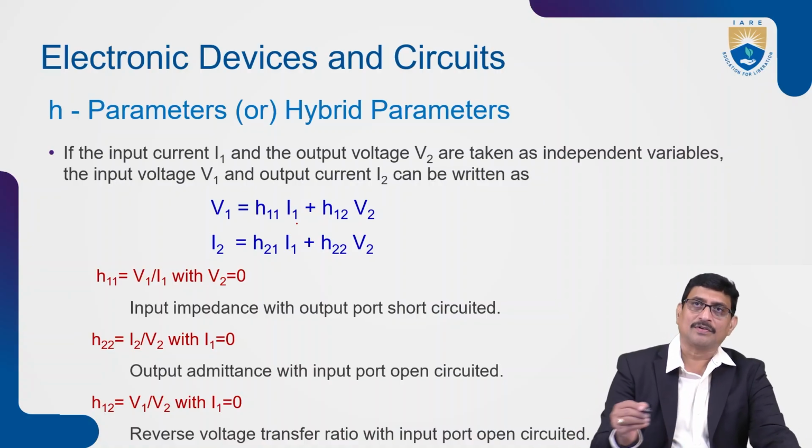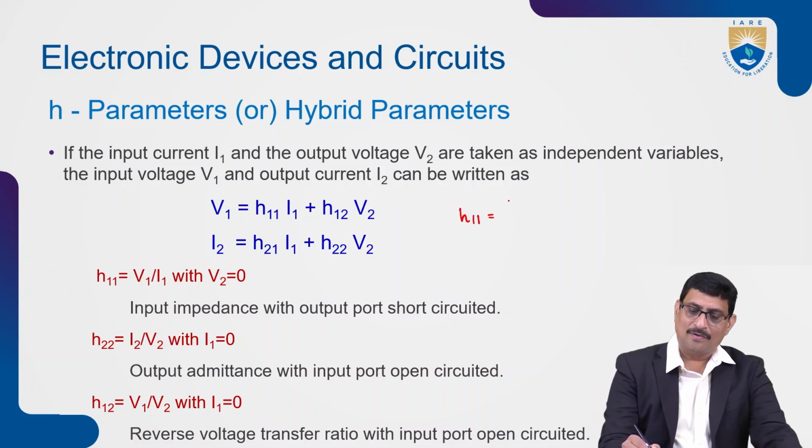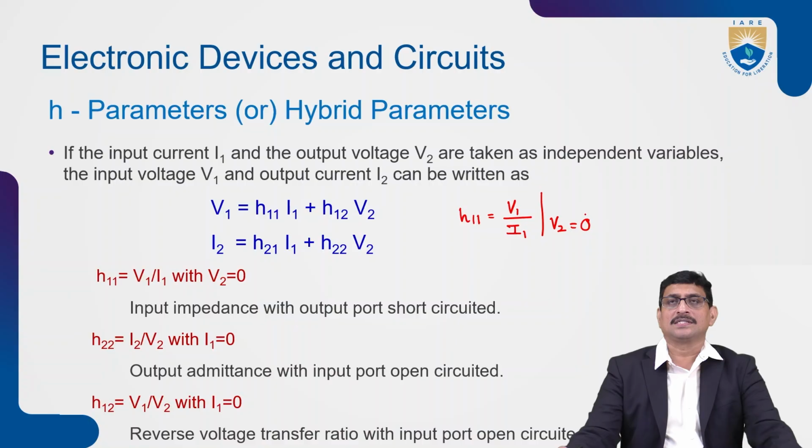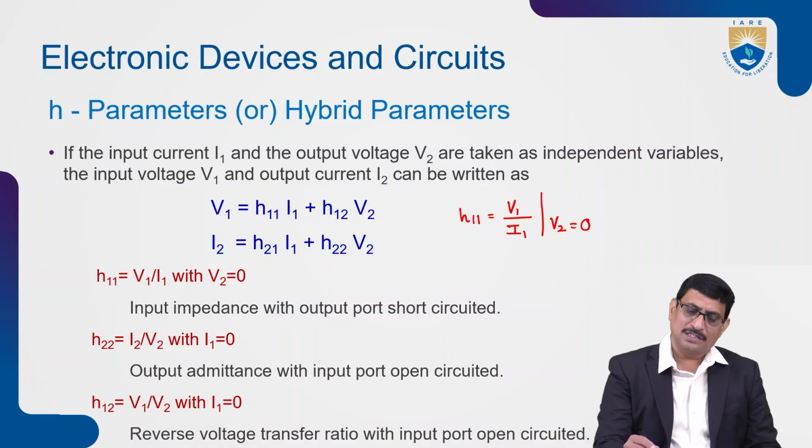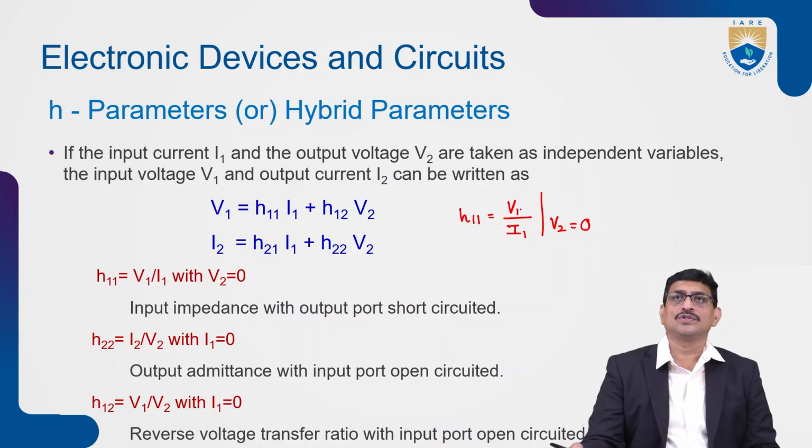From these equations, H11 we can write as V1 divided by I1 by assuming V2 equal to 0. V2 is the output voltage. Output voltage equal to 0 is nothing but short circuited. Therefore H11 is the ratio of voltage to current, which is called an impedance. Where it is V1 by I1, it is on the input side.